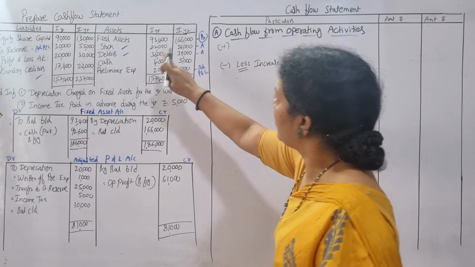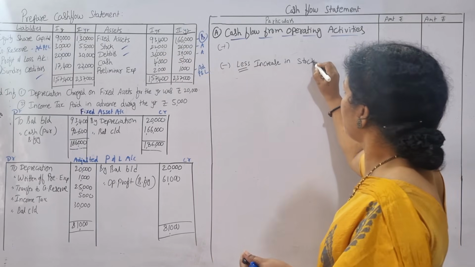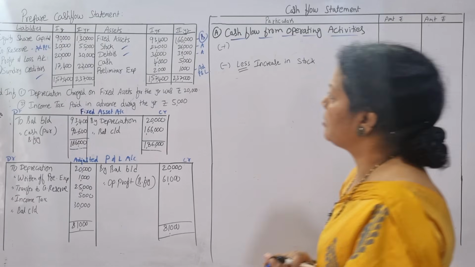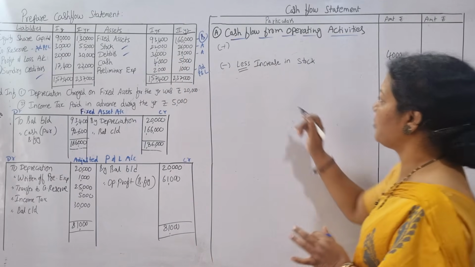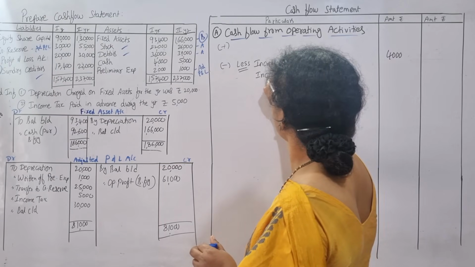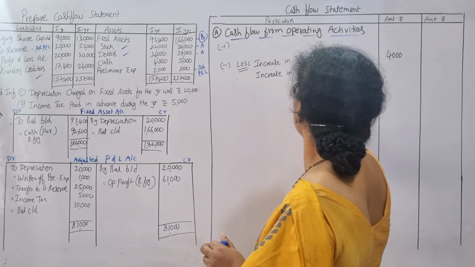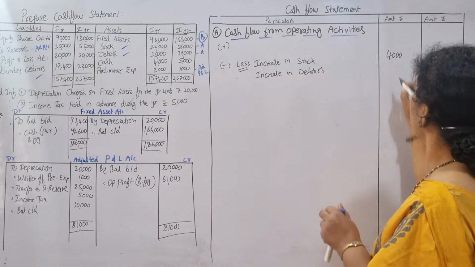Sorry, this is an increase. Less: increase in stock. In the same way, debtors are also increasing, so we'll minus it. Less: increase in debtors. This is 3,000.